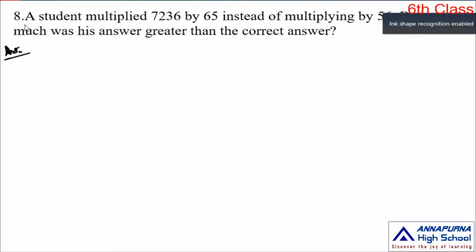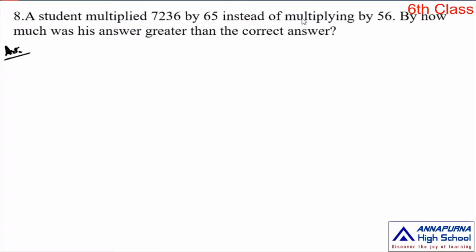Look at the screen. 8th problem. A student multiplied 7,236 by 65 instead of multiplying by 56.